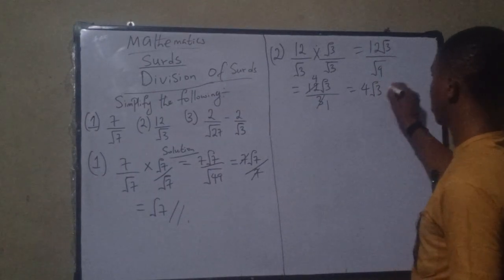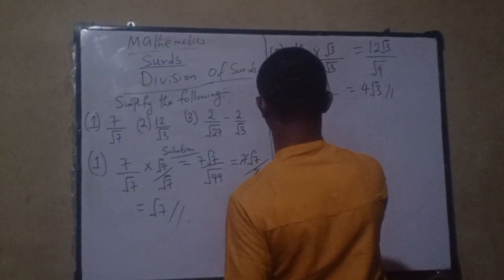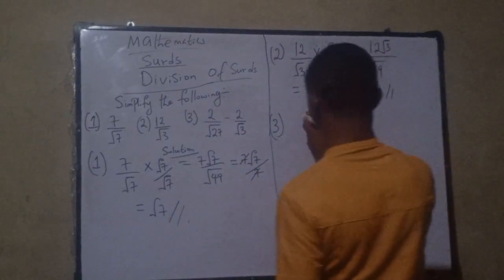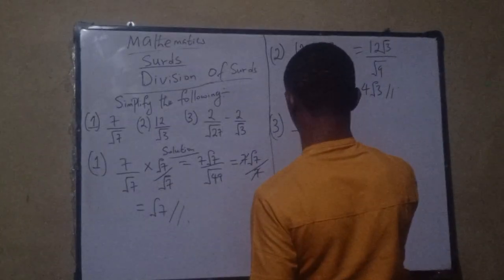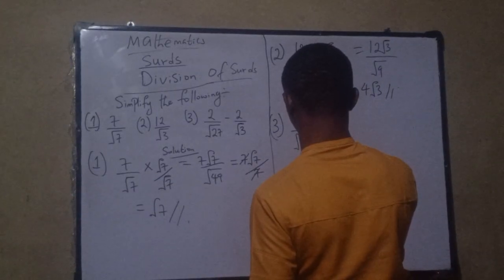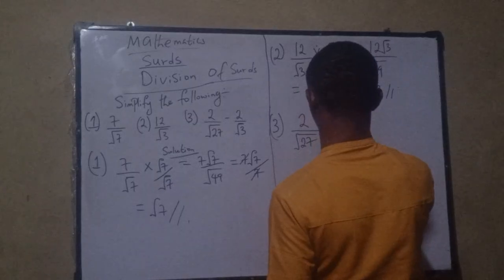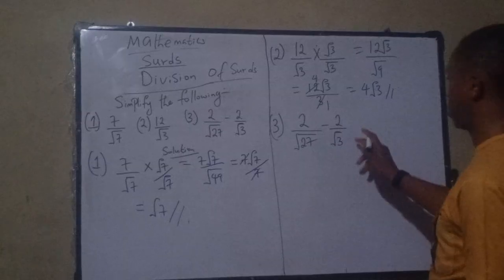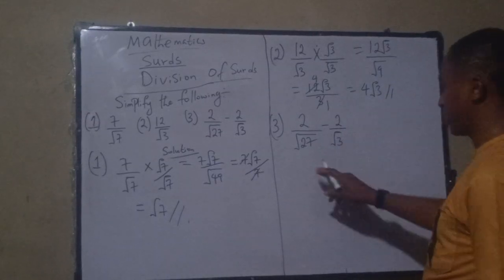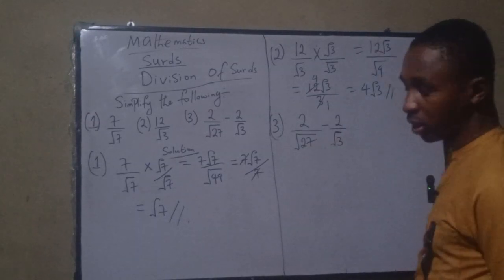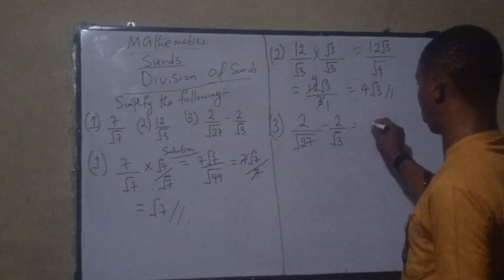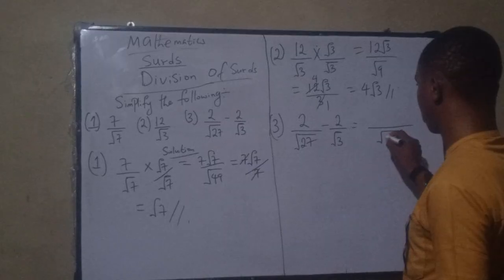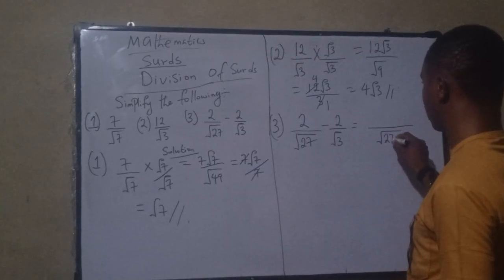This is 4 root 3. So if we proceed to the next one, we have 2 all over root 27 minus 2 all over root 3. We'll take the LCM. What is the LCM of root 27 and root 3? The LCM is root 27. So this will be equal to all over root 27, right?